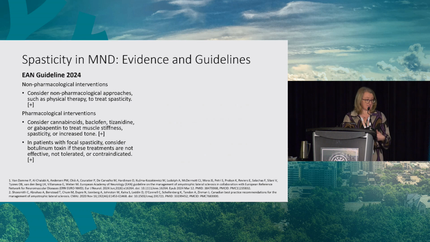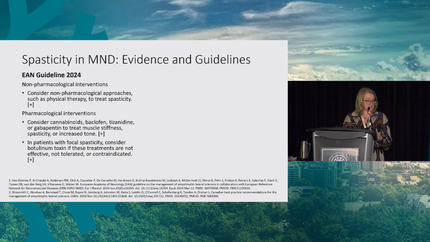If we look at the evidence and the guidelines, the European guidelines recently have recommended that you start with non-pharmacological interventions for spasticity, so physiotherapy, exercise, etc. And that's mainly what we would be focused on as health and social care professionals, OTs, physios generally.